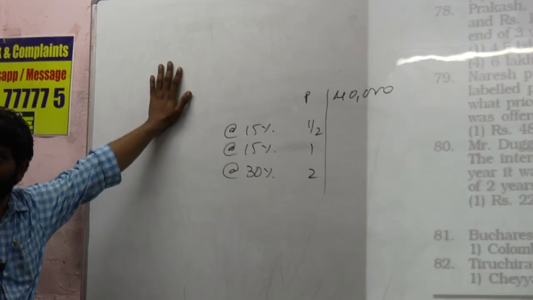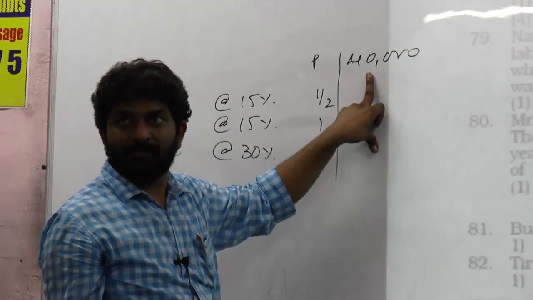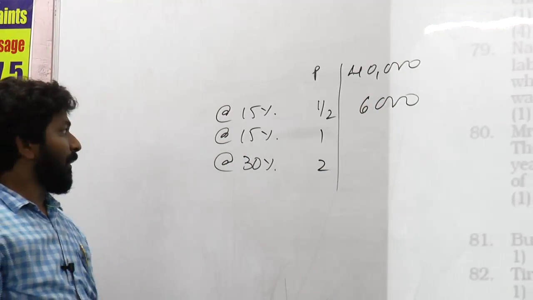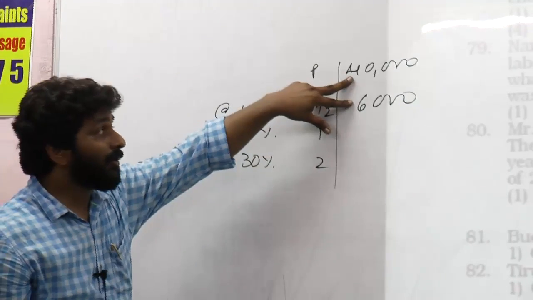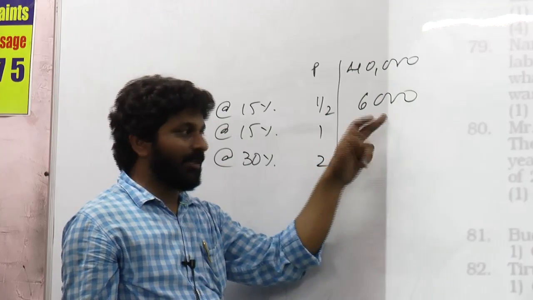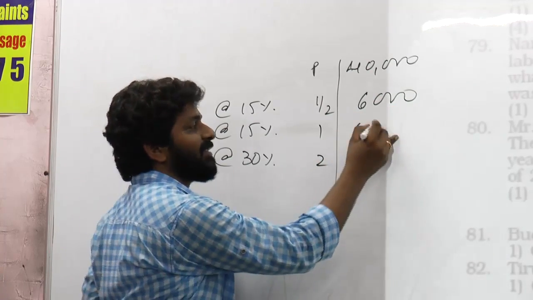Right? 15% of this number, 6,000. Second half you need to calculate again 15% of these two numbers. Of this you have already calculated 6,000. On this 15% is 900. So total that is 6,900.